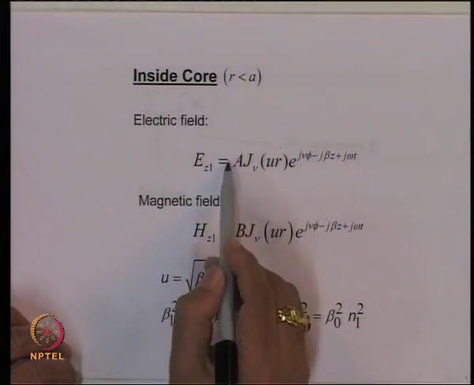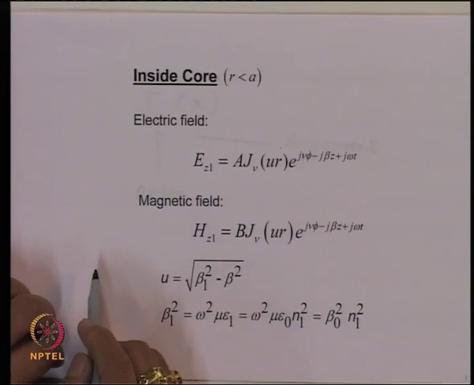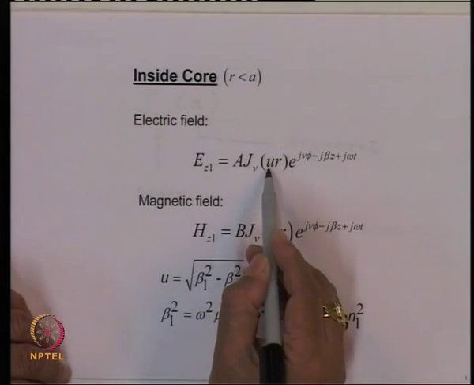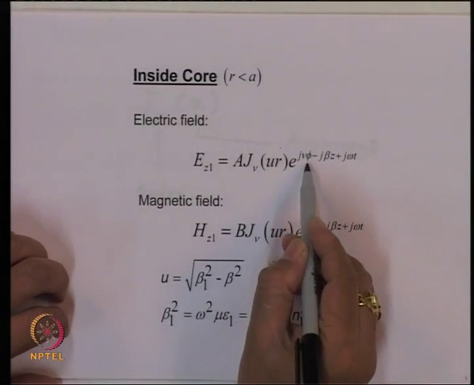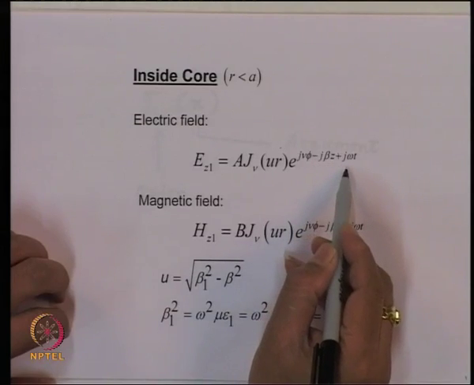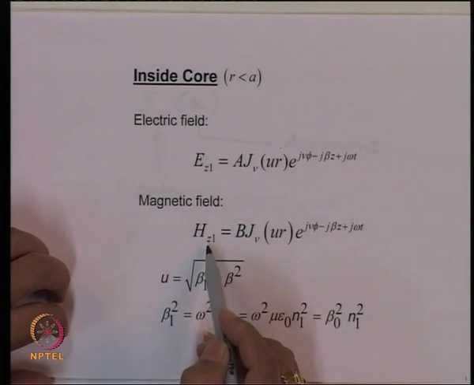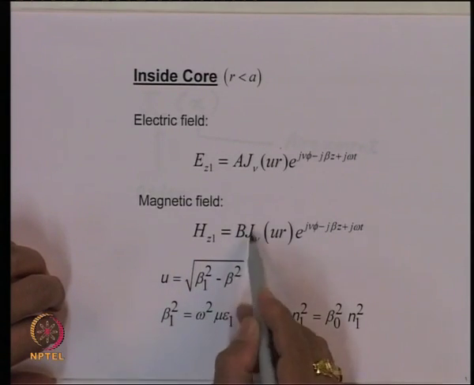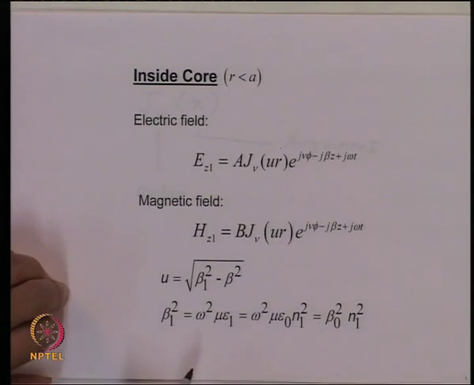So, we can get the Z component of electric field as some arbitrary constant which defines the amplitude of the field, J nu function, and in this case, just to separate out the two regions, let us call this quantity Q now as U. So, U r e to the power j nu phi minus j beta z plus j omega t. Similarly, we can write down the longitudinal component of the magnetic field, which is Z1, which is another amplitude constant, and J nu u r, with the same variation in phase phi and z.